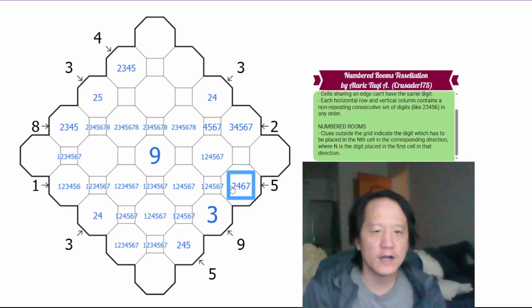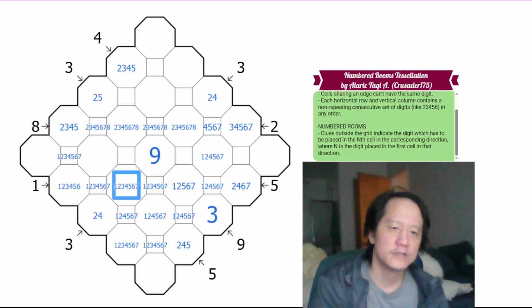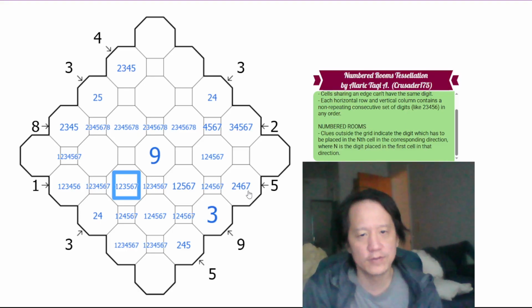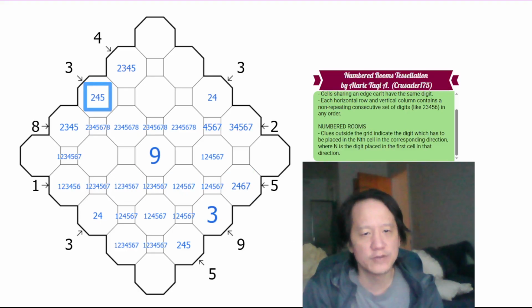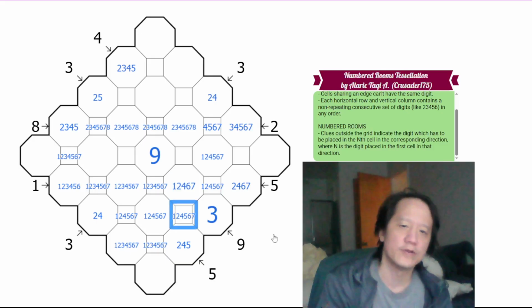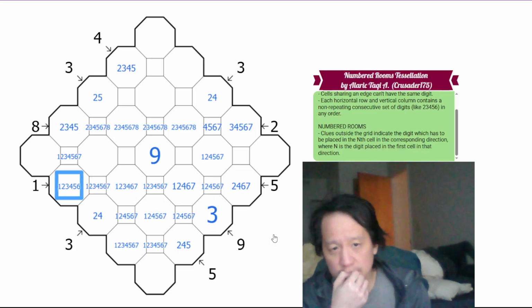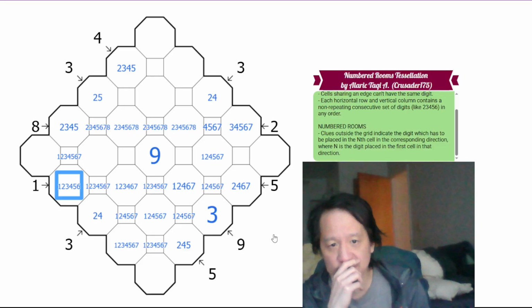So 5 can be in 2, 4, cannot be here. 6 or 7, so it cannot be here. Oh, wait, hold up. It's 5 that we're looking at. 5 can be in 2, cannot be in 3. Could be in 4, no 5. It could be 6 or 7. Okay. So those are the possibilities for 5.